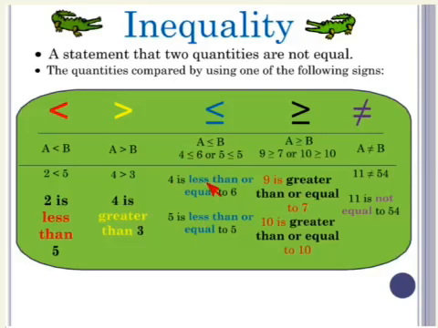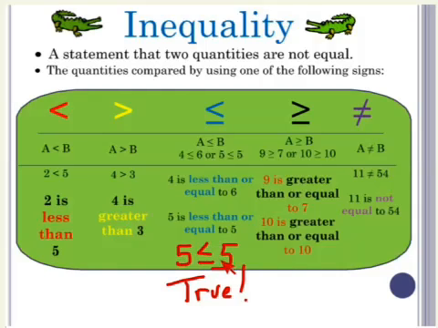So 4 is less than or equal to 6. 5 is indeed less than or equal to 5. Let me write that on the paper here. 5 is less than or equal to 5 is a true statement, and that's because 5 is equal to 5.